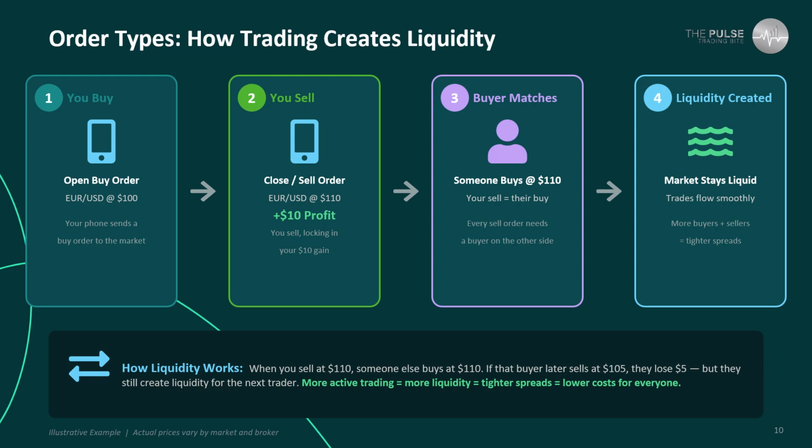But if he sees the market is not in his favor and he sells it at $100 or $90, that means he has made a loss of 10 or $20. So this is how the market moves. Somebody is buying, somebody is selling. That sell becomes a buy for someone and that buy becomes a sell for someone. So this is the liquidity.